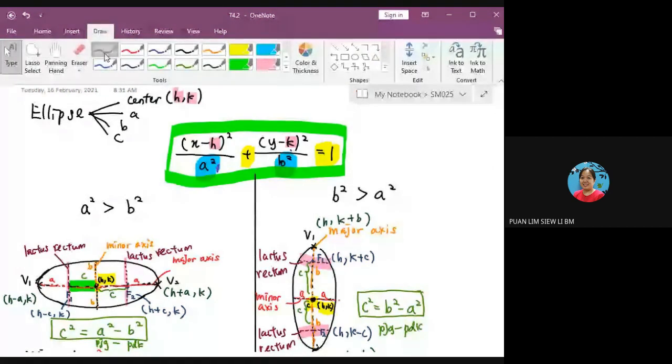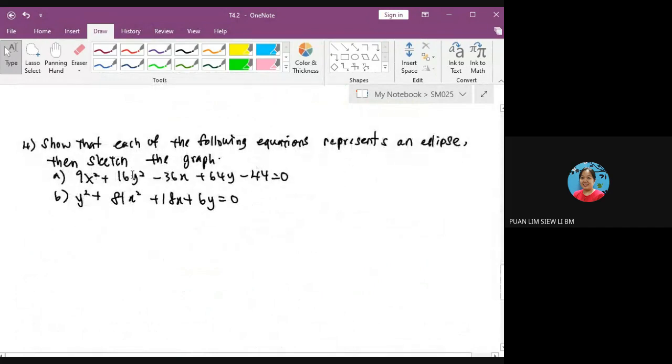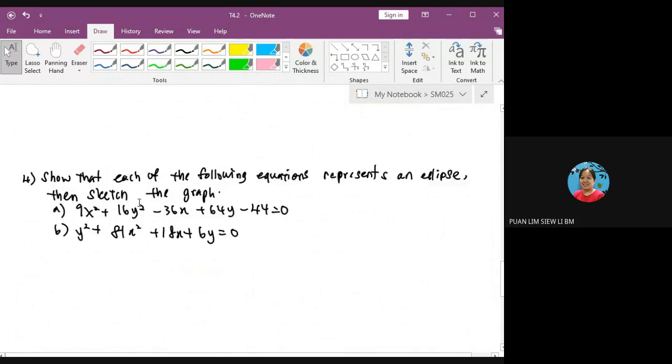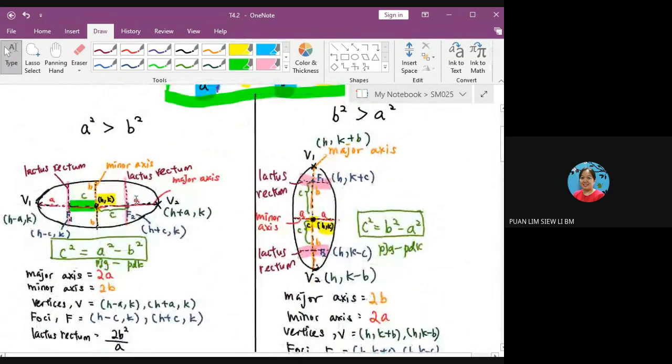Yang dalam bracket boleh nampak center, boleh nampak nilai AB itu adalah standard form. Bila dah kembang, macam tadi saya salin sampai ke bawah, susun balik, dia akan jadi general form like this. So konsep dia daripada standard form ke general form, kembang, daripada general form ke standard form adalah completing the square. So itulah nota kita.